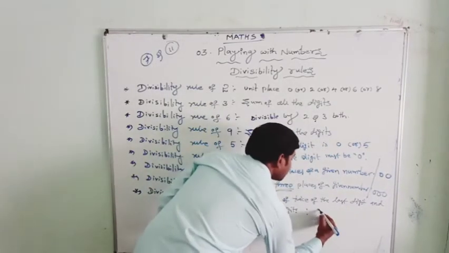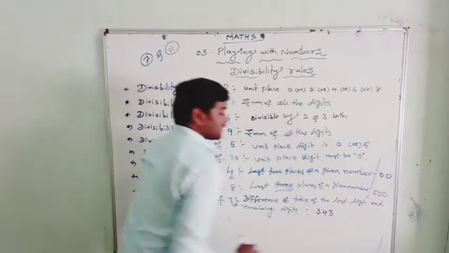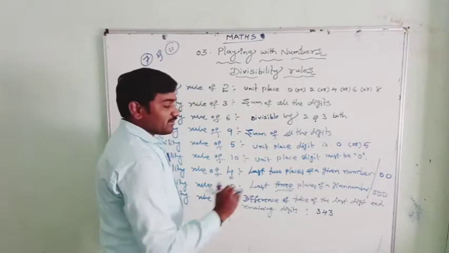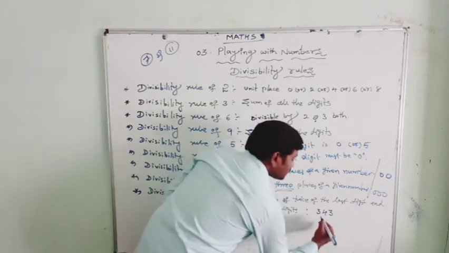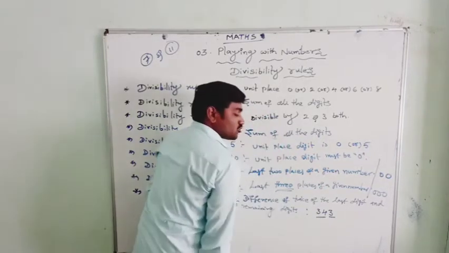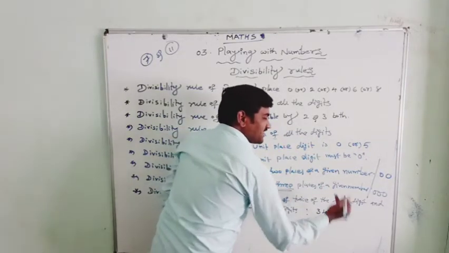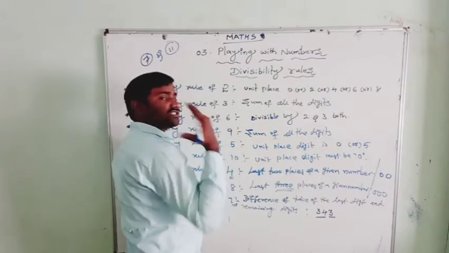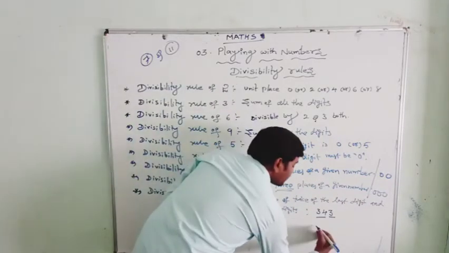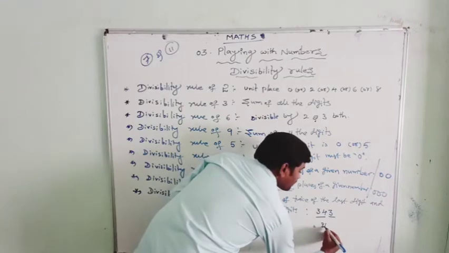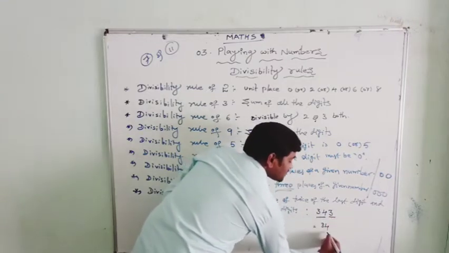So let us check 343. Is this number divisible by 7 or not? What we need to do is divide it into 2 parts: the unit place digit is 1 part and all the remaining digits are the other part. Now here we have 34, and twice of the last digit is 6.